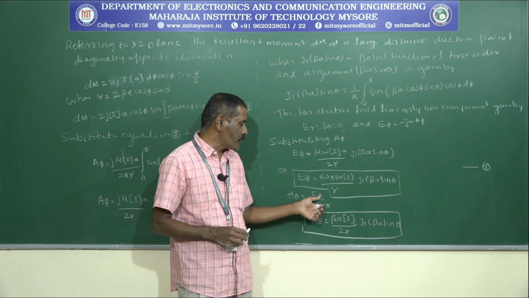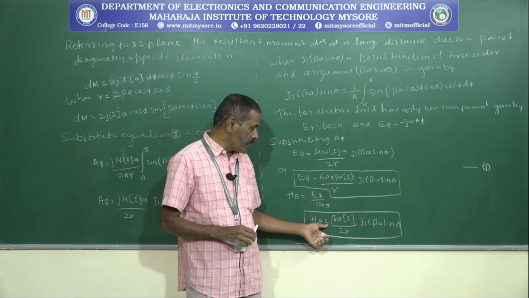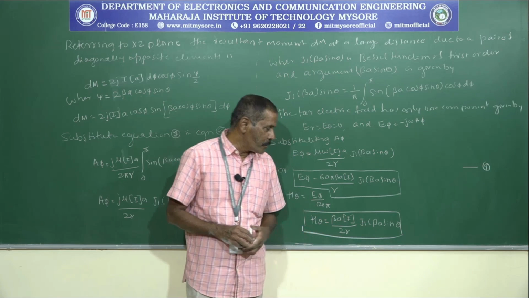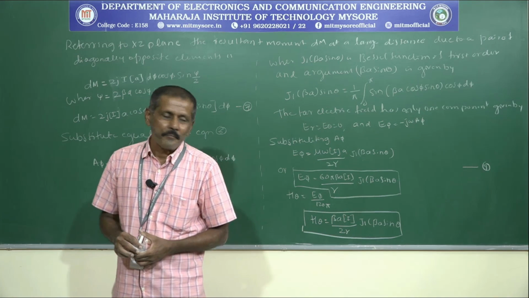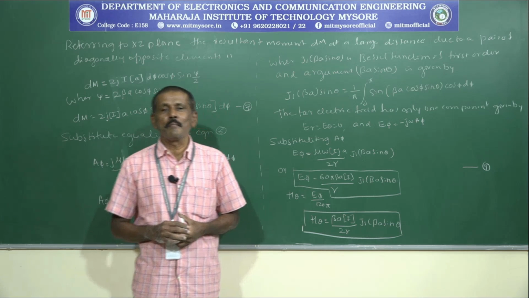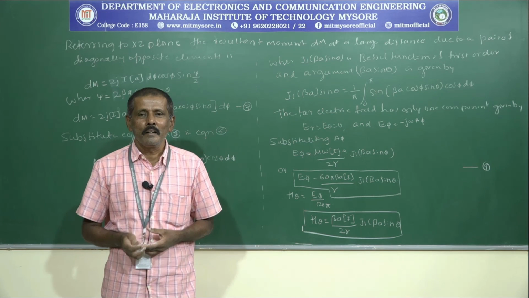And we know that H theta is equal to E phi divided by 120 pi. Therefore, H theta is equal to beta a I divided by 2r into J1 of beta a sin theta. So, these two equations will give you the electric and the magnetic field components at a far distance r from the antenna.